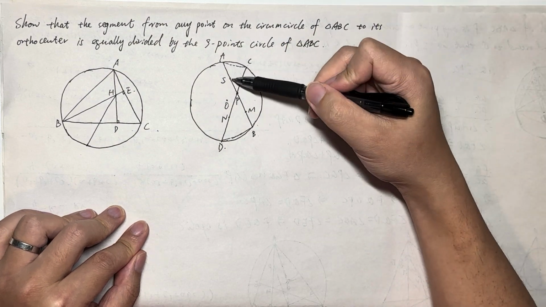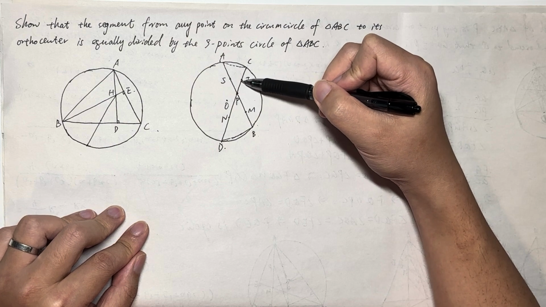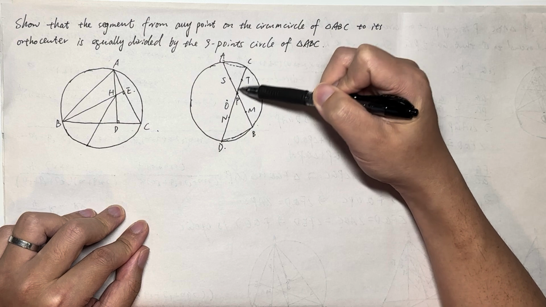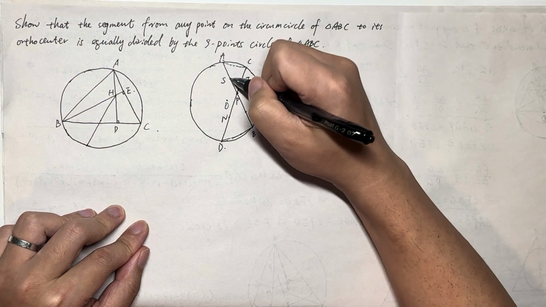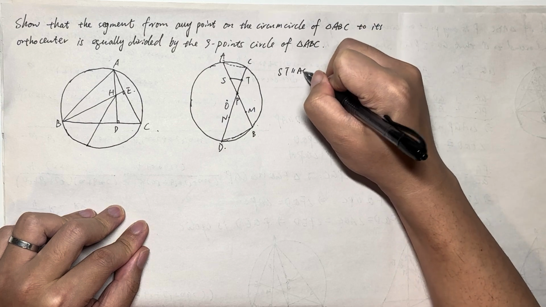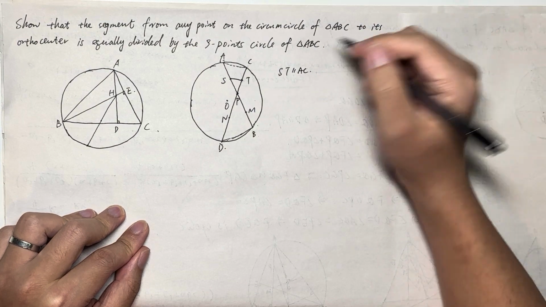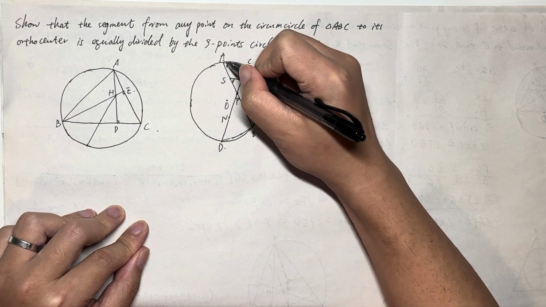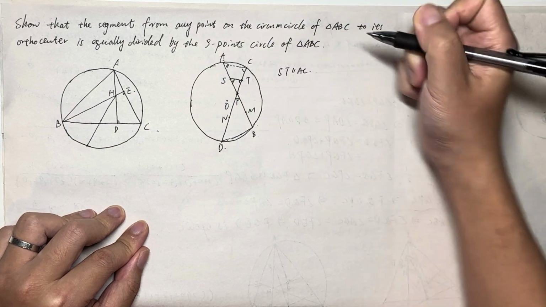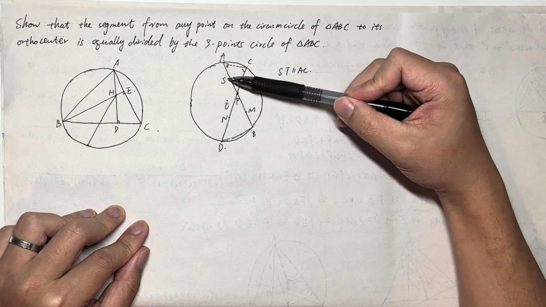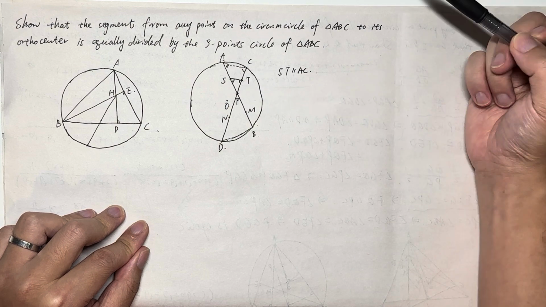Because S, T are midpoints of AP and PC, ST is parallel with AC, which means this angle equals this angle, and this angle equals this angle. Angle ACT equals angle STP.